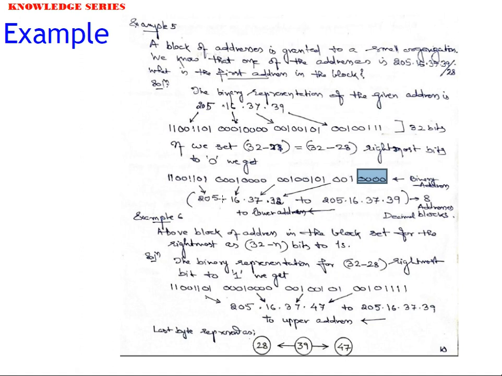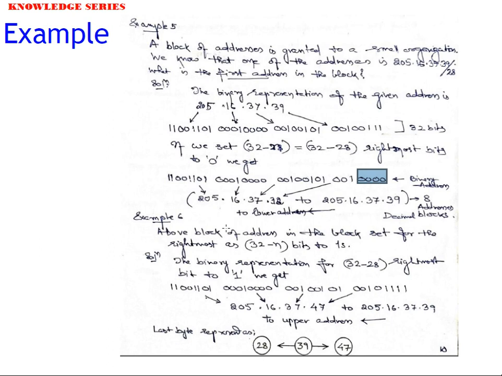So you can see 205, 16, 37 is the net ID, and the host ID starts from 32. So for this, the host ID address starts at 32 and goes up to 39, but this is not the finish.